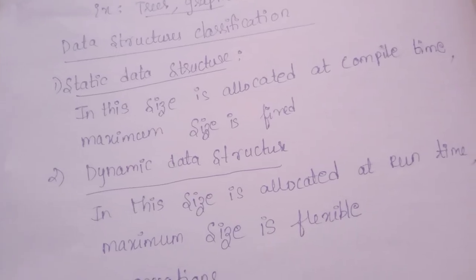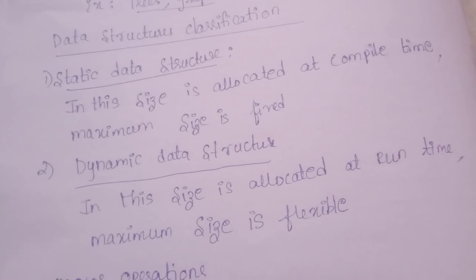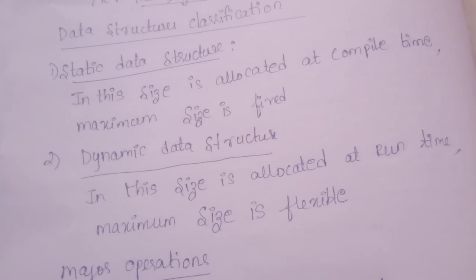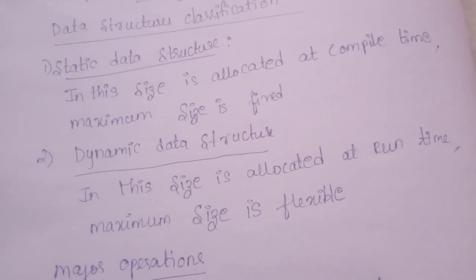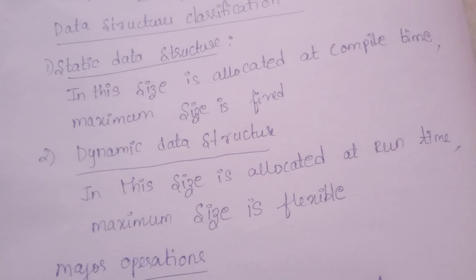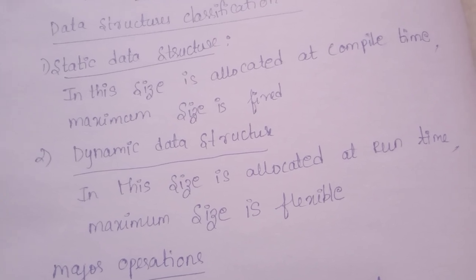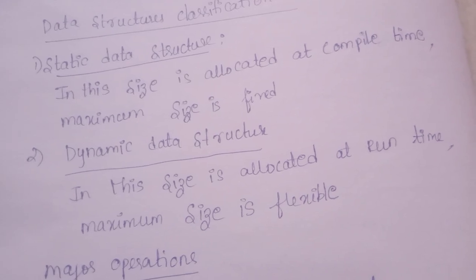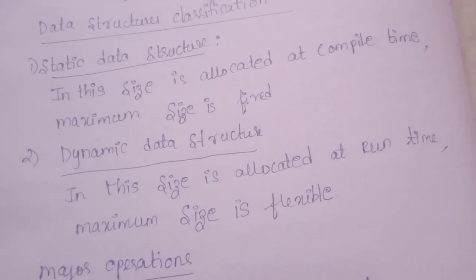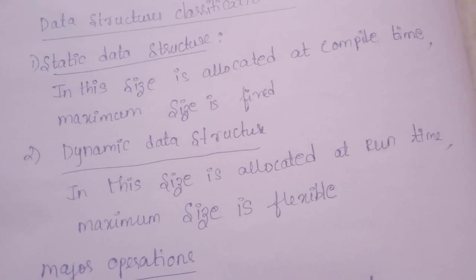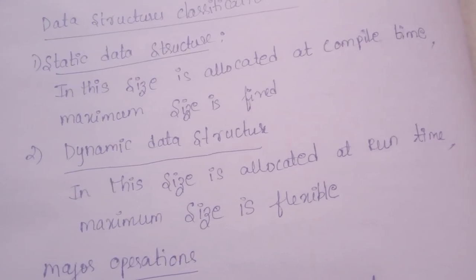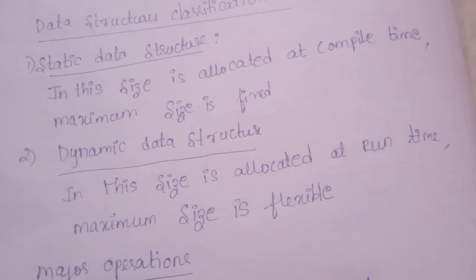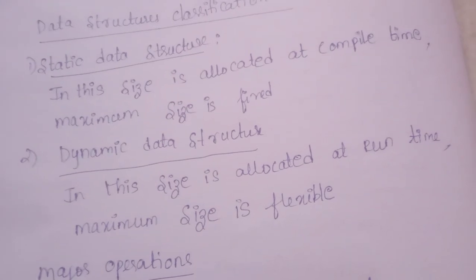Let us see the data structures classification. There are two types of data structures again: static data structure and dynamic data structure. What is a static data structure? In a static data structure, size is allocated at compile time. Whenever you run a program in the C language, we have the compiler, which means we'll get compile errors in that program. In the same way, the size allocated at compile time is nothing but a static data structure.